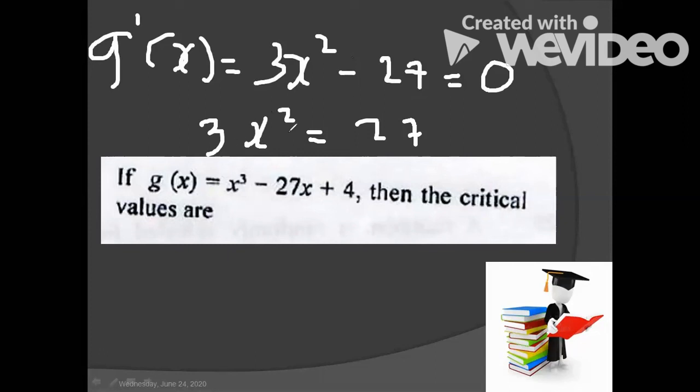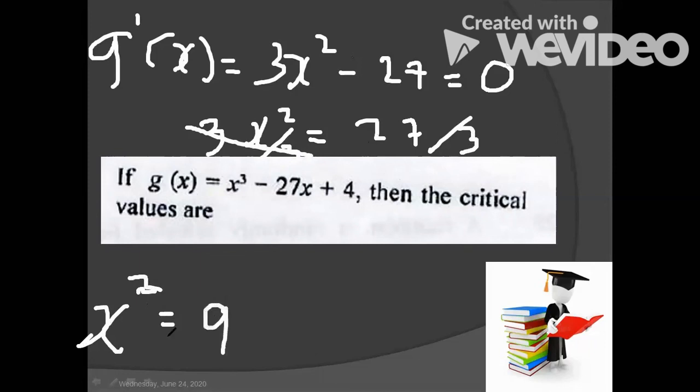Then we divide everything by 3. The 3 cancels, so x squared is equal to 27 divided by 3, which is 9. And to find x, we find the square root of 9.